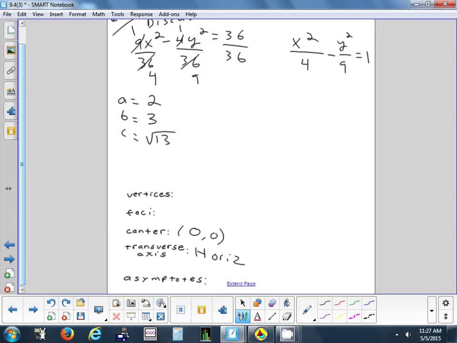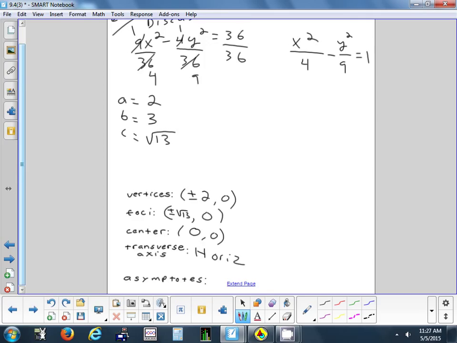Plus or minus 2. Yep, perfect. So left 2 and right 2 of the center. And Darren, how about my foci? Plus or minus square root of 13. Yep, plus or minus square root of 13, comma, 0.